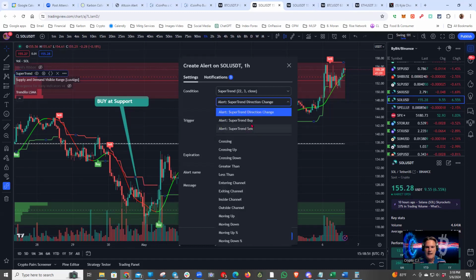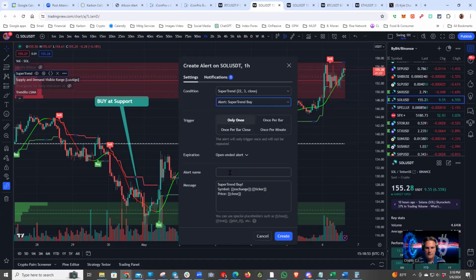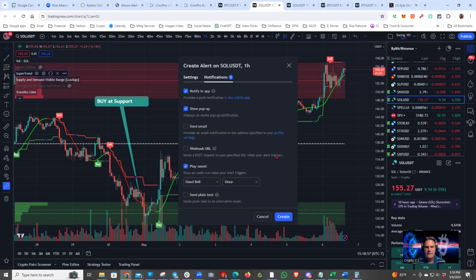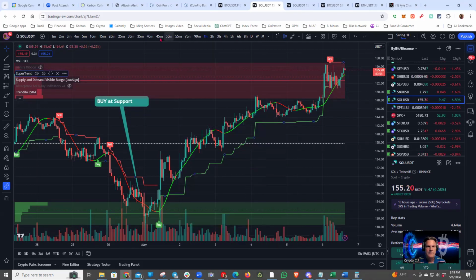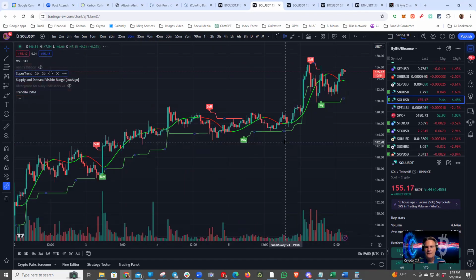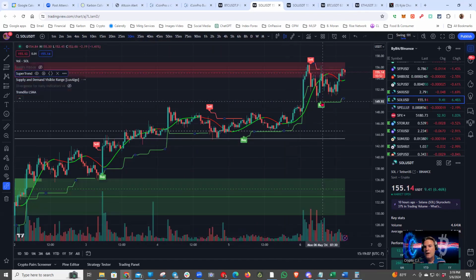And again, we want to buy. And this is AA score. And you can go with the 1 hour, the 30-minute. I sometimes set alerts on the 30-minute. And we aren't in a buy signal on the 30-minute, but we are at resistance on this time frame.